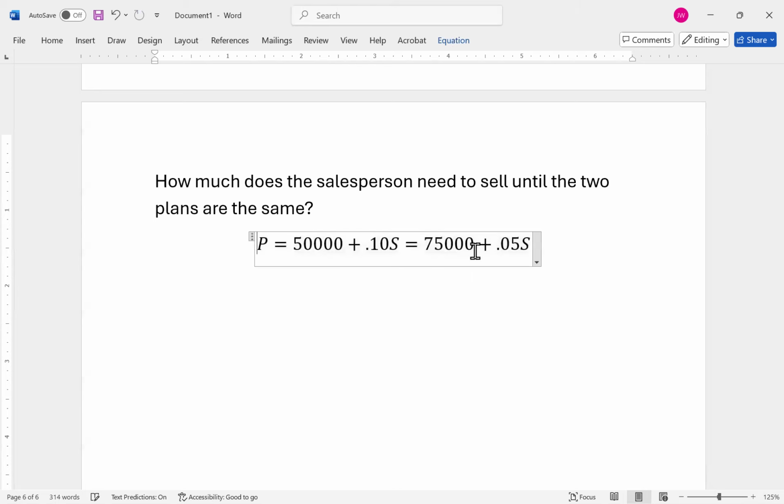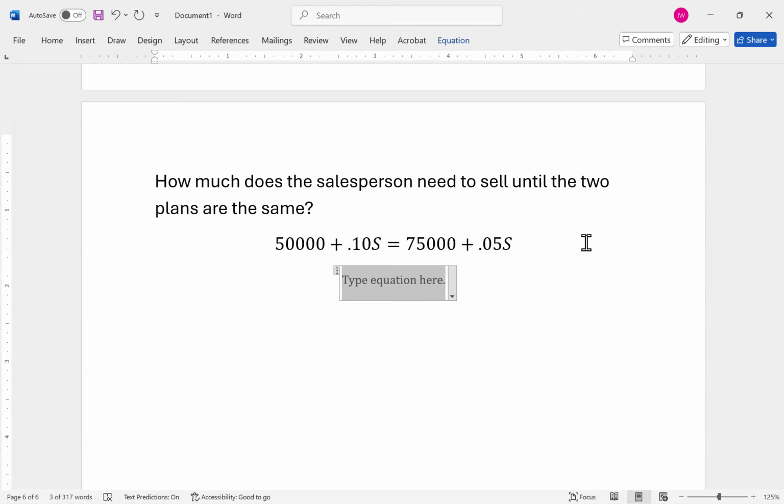That is when the payments are going to be the same. And we can solve that equation fairly easily. Subtract 50,000 from both sides. And then subtract 0.05s from both sides.